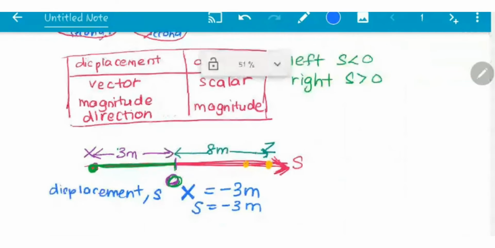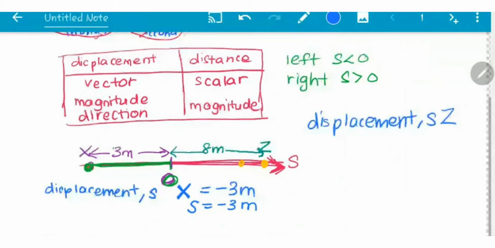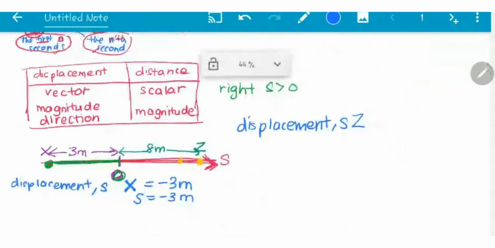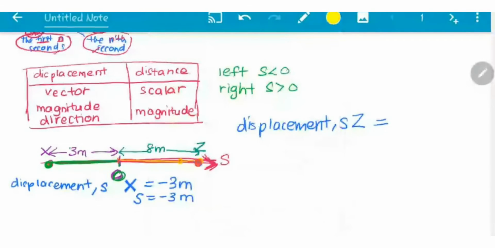Okay, how about displacement of Z? Since Z is on the right, and here to here is 8 meter, so displacement of Z is 8 meter.